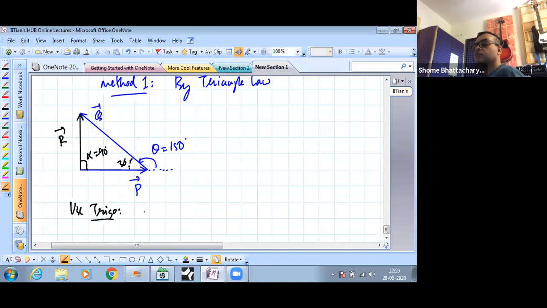So cos 30 will become base upon hypotenuse. So this is P, the magnitude of the base, and this is Q. So that is nothing but P by Q. So this is the easiest way of doing the question. So P is to Q will become cos 30, which is root 3 by 2.